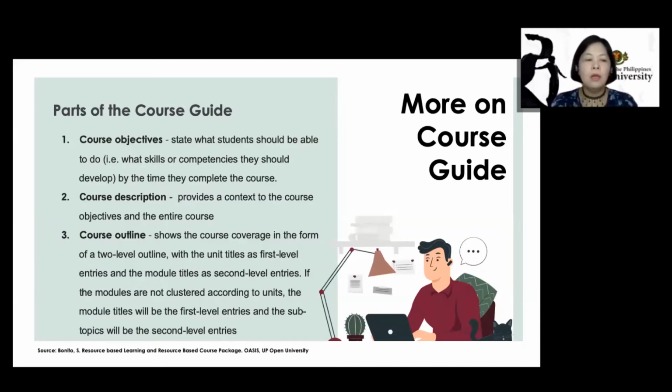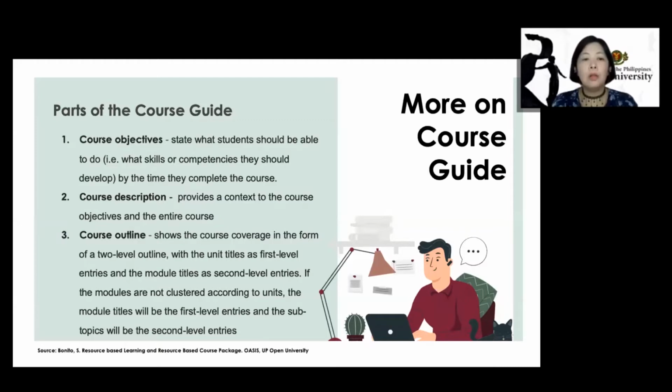Number one, the course objectives must be clearly written. I will not talk here about how to develop your course objectives because I'm under the assumption that your course objectives have undergone thorough review.